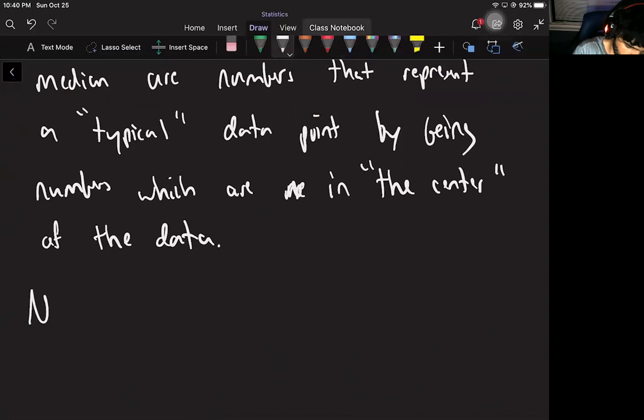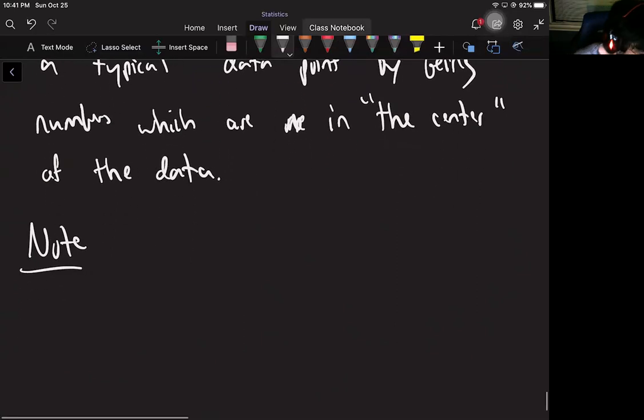So what this means is that because they represent a typical data point by being near the center, they can only do their job if your data is clumped into the center.